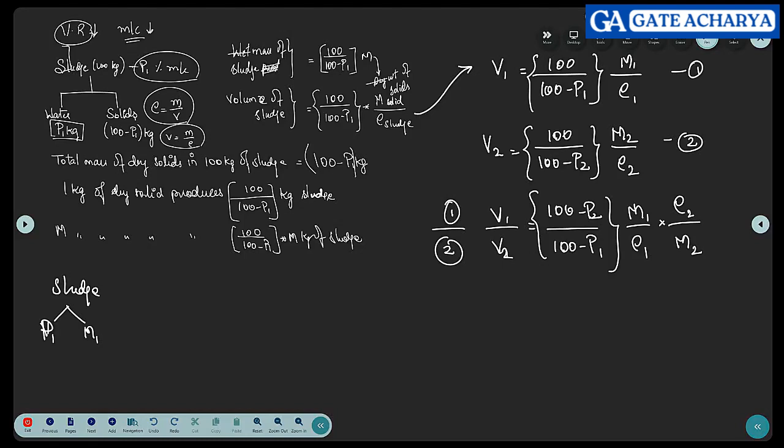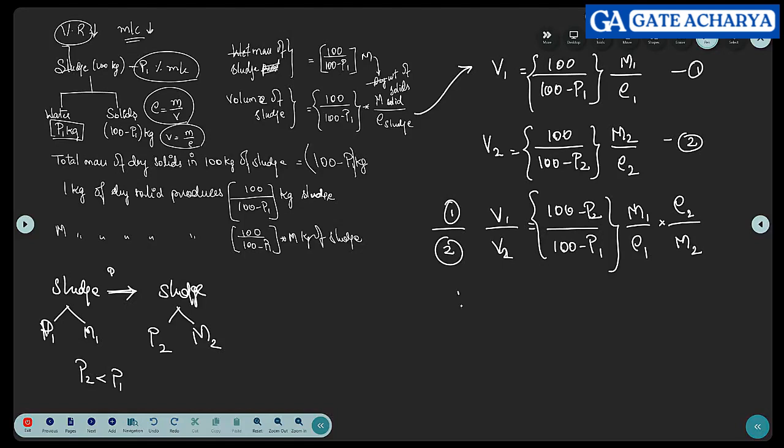What happens when this sludge's moisture content is varied? By means of drying or compressing, the same sludge has a P2. What about this M2? I compress it, I dry it, and in some situation the water content reduces, so P2 is less than P1. But the solids there remain the same; solids do not change. So will M1 and M2 be different? M1 and M2 will be the same.